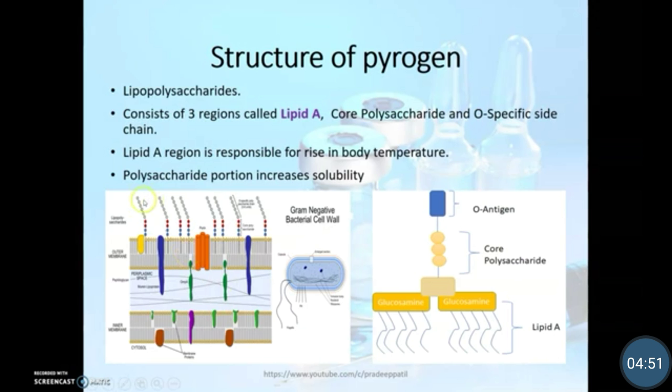So it consists of three regions called lipid A, core polysaccharide and the O-specific side chain. The lipid A region is responsible for the rise in body temperature upon injection, and the polysaccharide region increases its solubility in water.